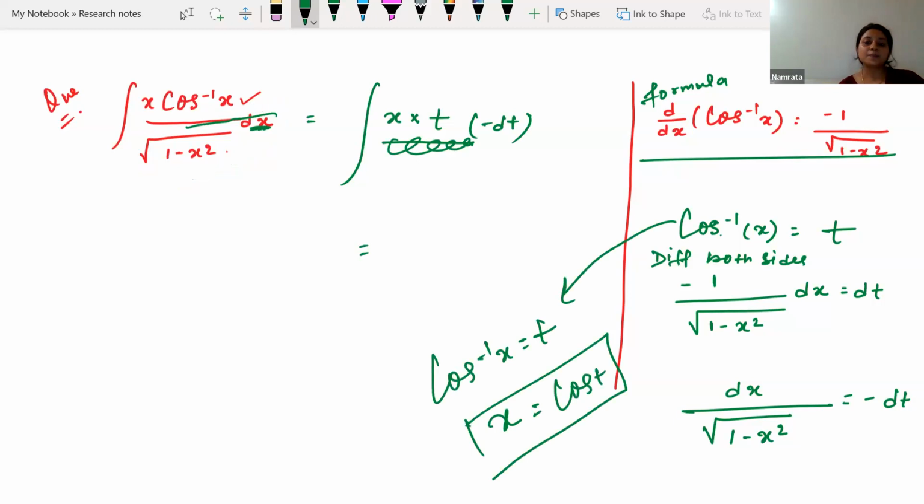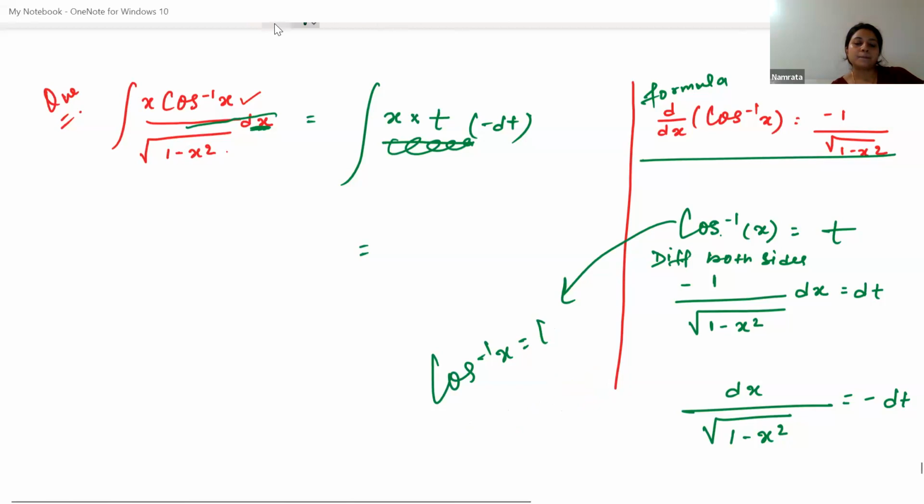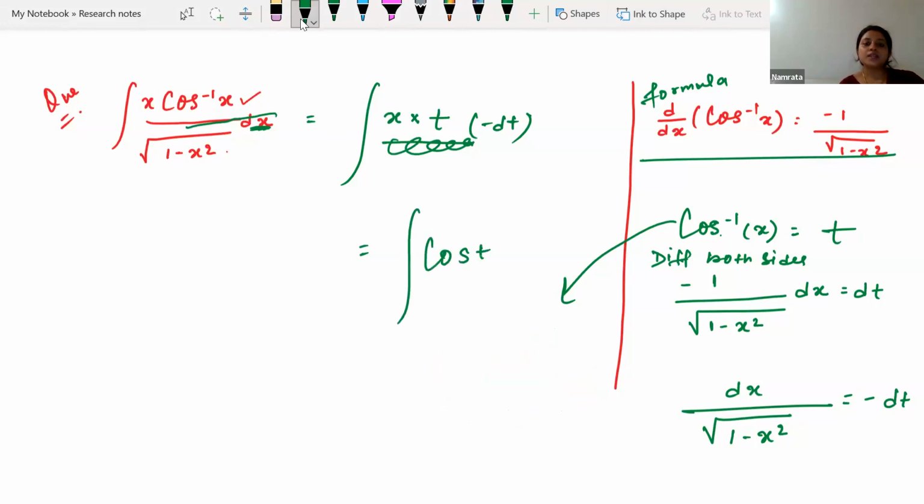Yes, x is cos t, from our substitution only. So here x is cos t, and with minus dt, what we got is minus t cos t dt.